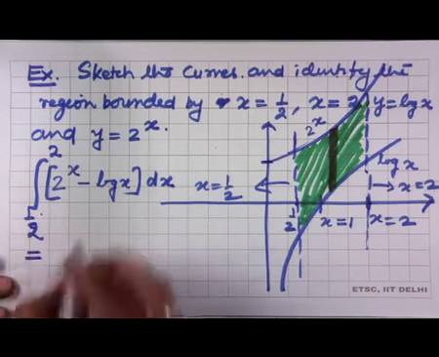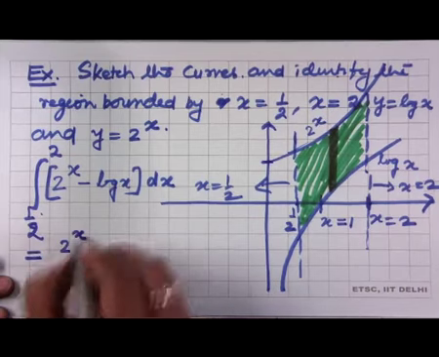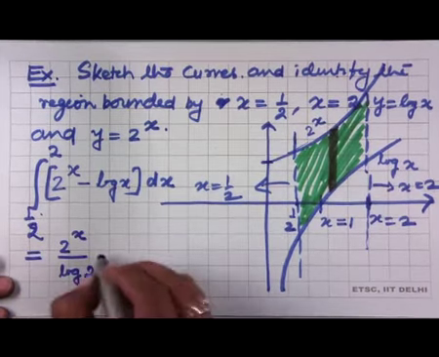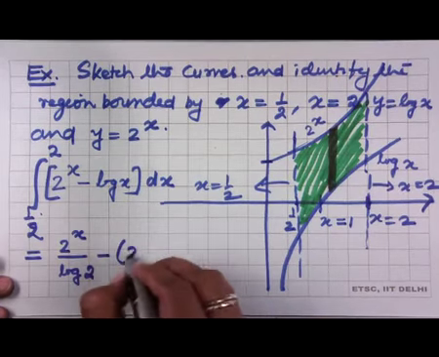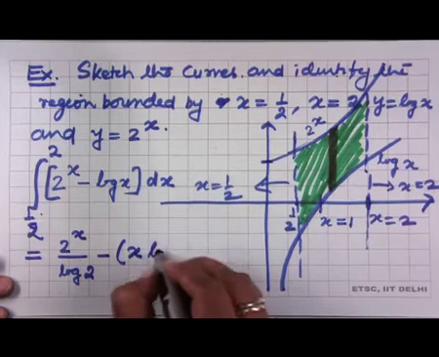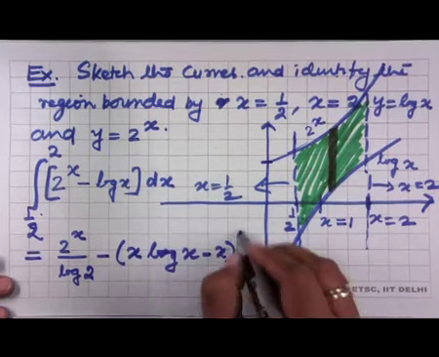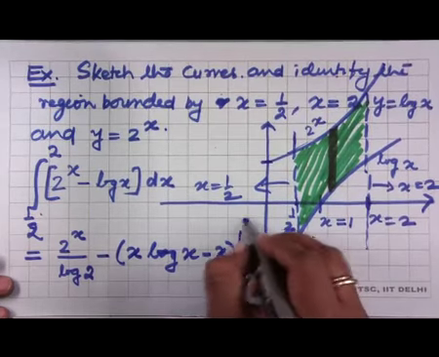So the value of the integration will be 2 to the power x by log 2 minus the integral of log x, which is x log x minus x, with limits from half to 2.